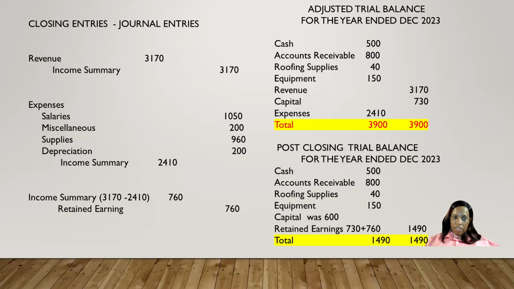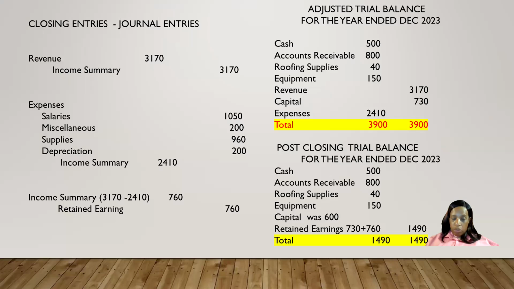In this example, I didn't put the drawings, because I just want to make it as simple as possible. So when we go to class next time, we can remember we're looking only for the word revenue, then we're closing it to the income summary. We're looking for all of the expenses that we have listed, and we're also closing them to the income summary.